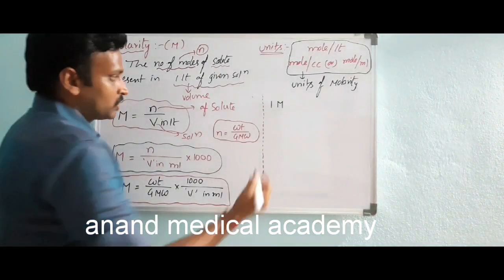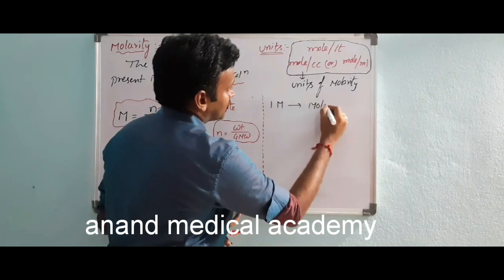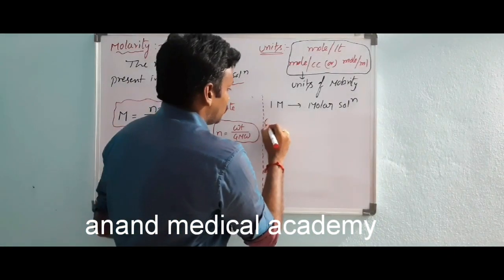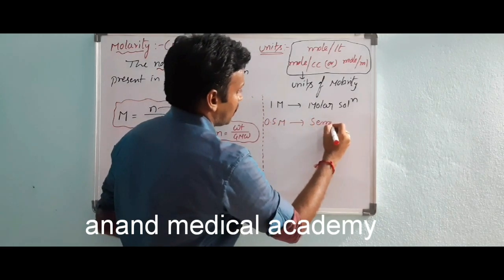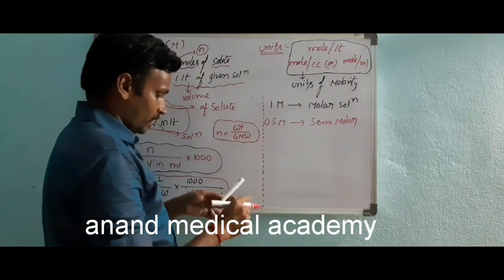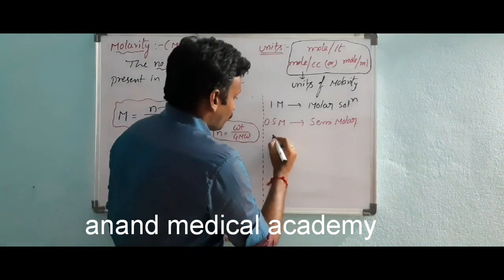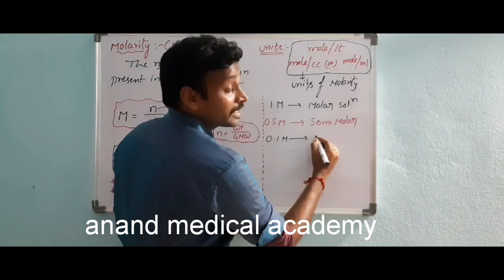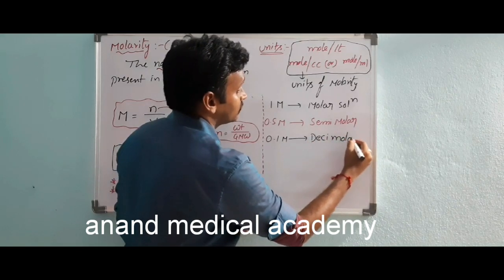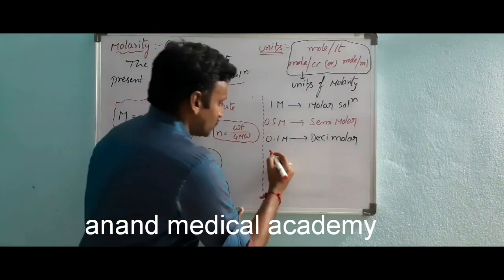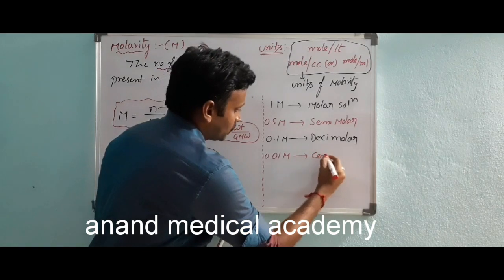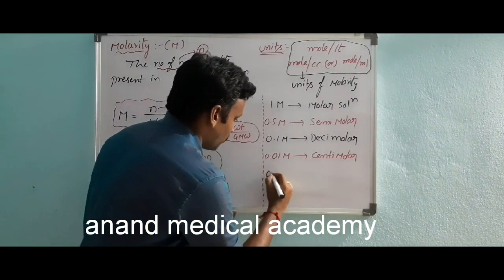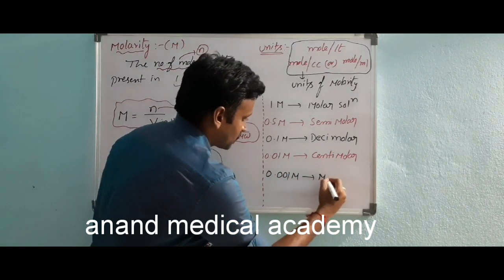So 1 M solution usually we call as molar solution. 0.5 M solutions are called semi-molar solution. 0.1 M solution we call as decimolar. 0.01 M solution is called centimolar. 0.001 M solution is millimolar solution.